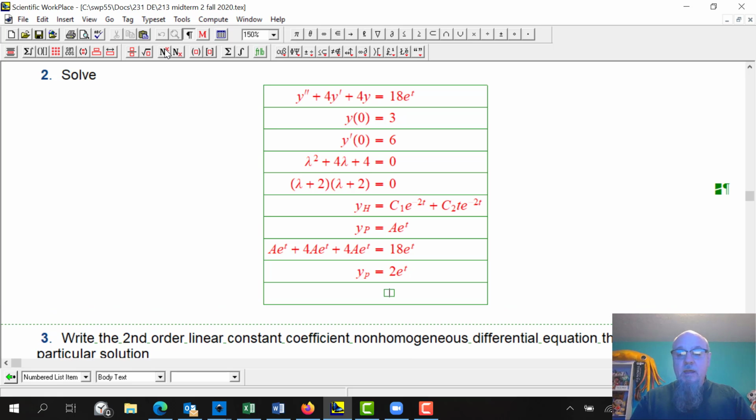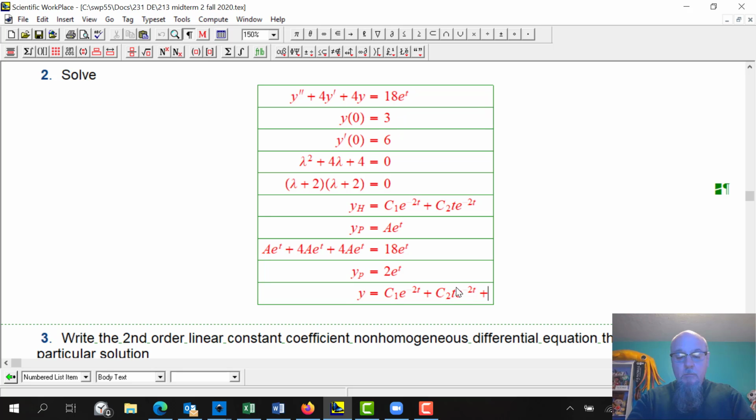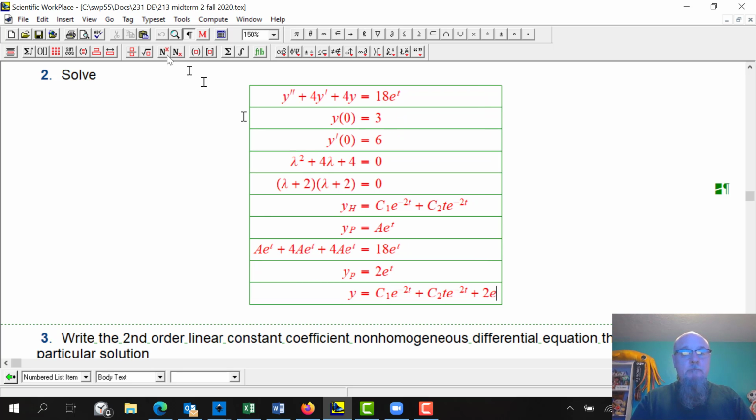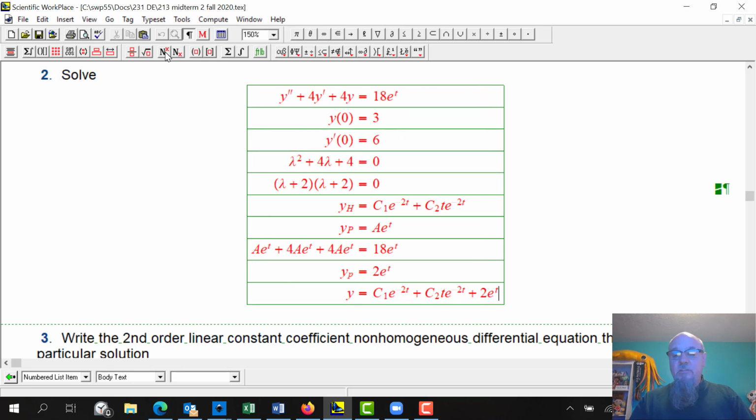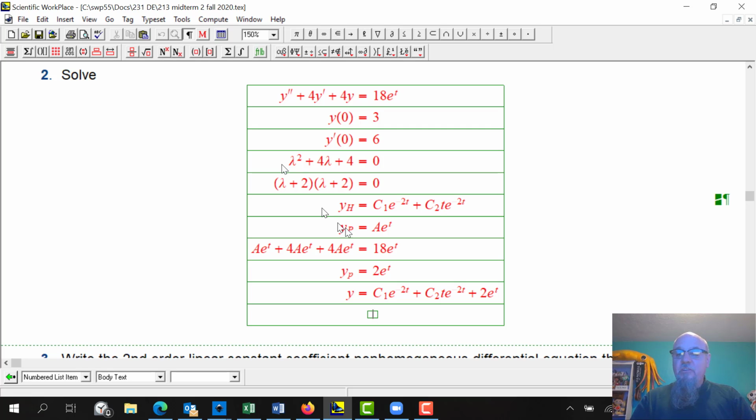So now I've got my general solution. The general solution is going to be homogeneous solution plus particular solution. And it's at this stage, then I have to get the c's. So when I make t equal to 0, I can set this function equal to 3.